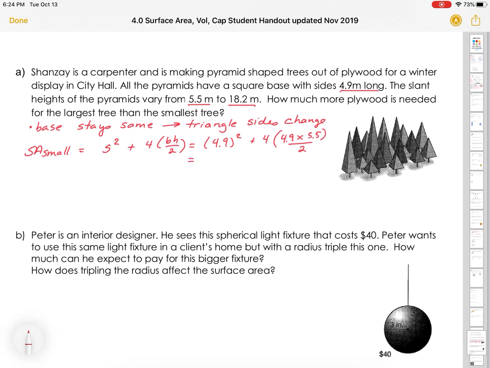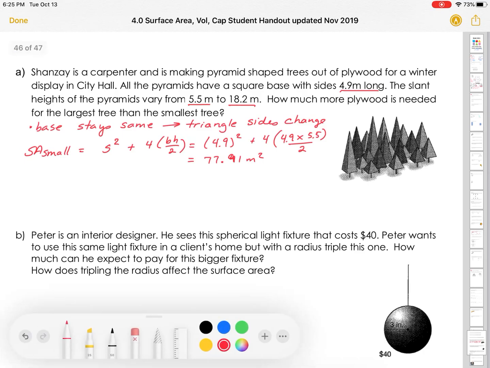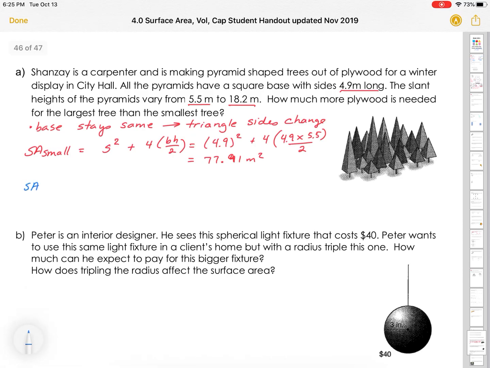Okay, when you multiply and add that up, the surface area for the small adds up to 77.41 meters squared. Oh, sorry, no, that's 91. My mistake. 91. Reading my calculator wrong. Okay, and that's just squaring this and adding it to that.